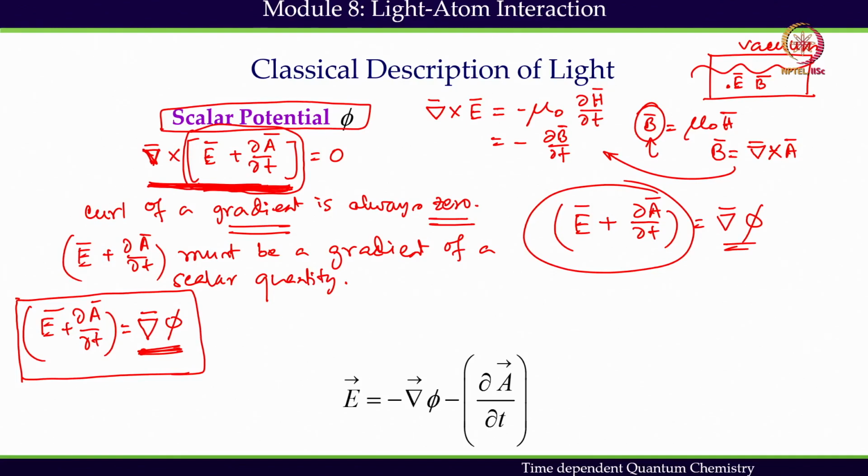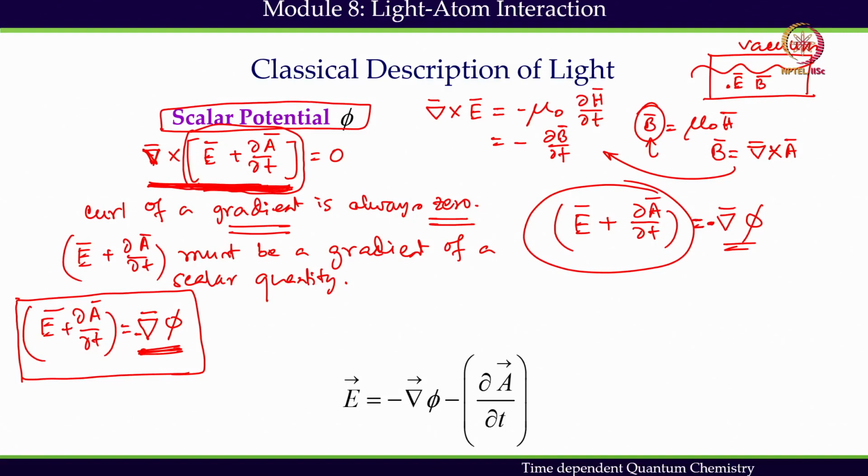But at the same time we should remember that we have to be correct with the sign, because here there should be one negative sign. Why this negative sign is coming up, we will understand phenomenologically.